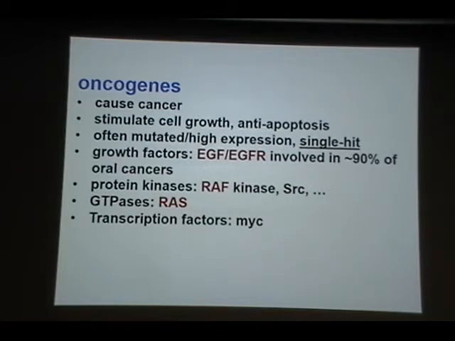Both of those oncogenes are growth factors. For example, I put EGF, the epidermal growth factor, and the epidermal growth factor receptor. This axis is mutation, or most of the time, overexpression of EGFR, the epidermal growth factor receptor, and it is involved in 90% of oral cancers.